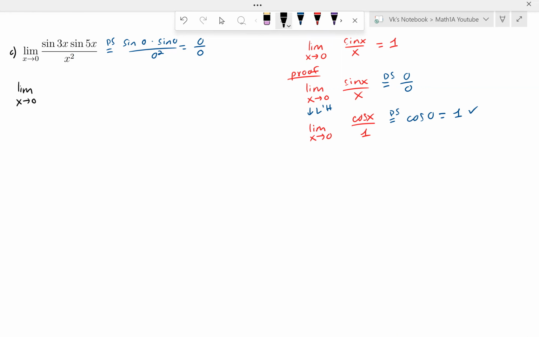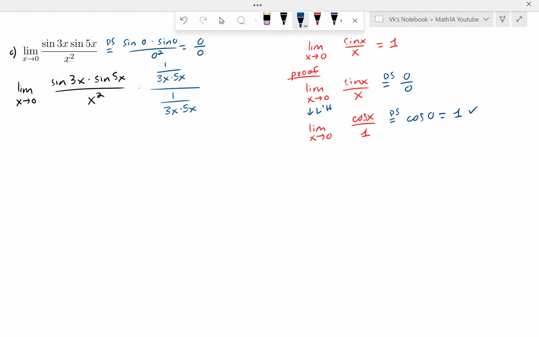Limit as x goes to 0 of sine 3x times sine 5x over x squared. Well, we want the angle in the denominator to be the same. So I'm going to multiply by 1 over 3x times 5x over 1 over 3x times 5x.